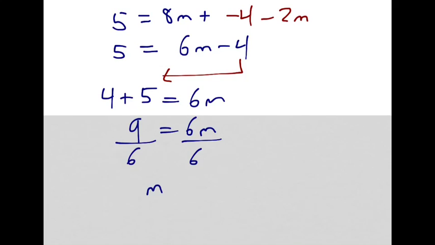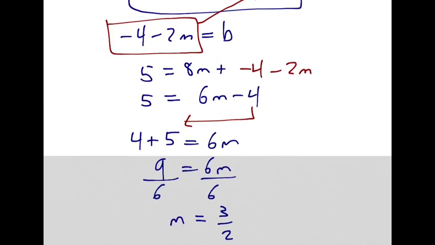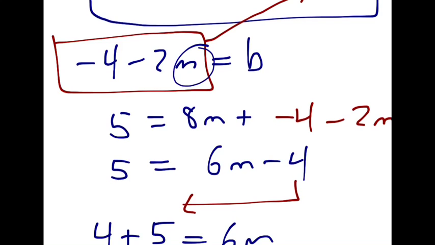And I can reduce this fraction here to 3 over 2. So the slope of that line is 3 over 2. Didn't even have to use the slope formula. Look at that. Okay. The y-intercept can be found just by plugging m in right there.